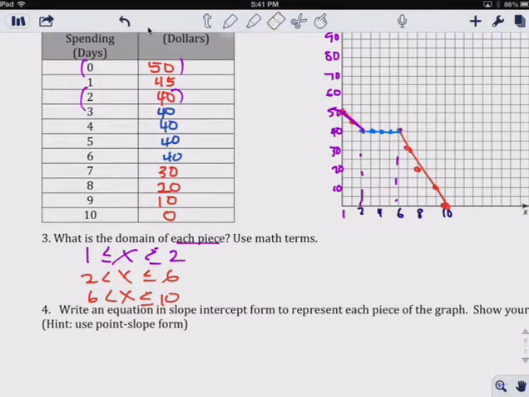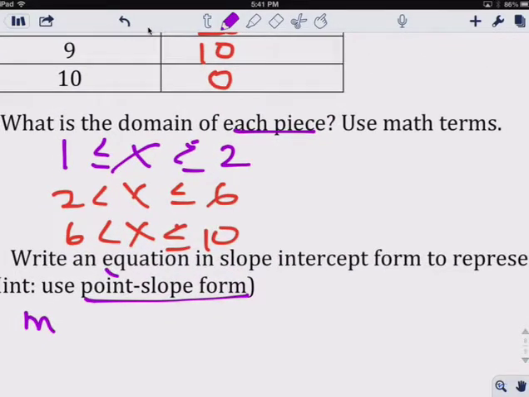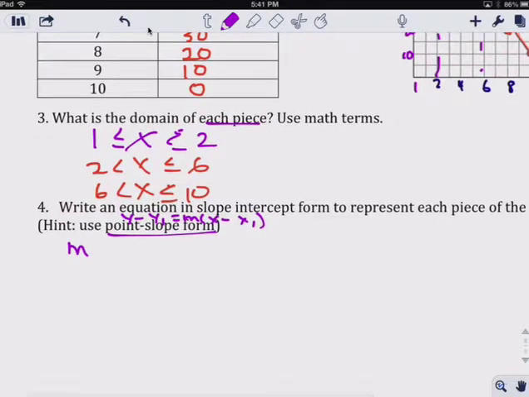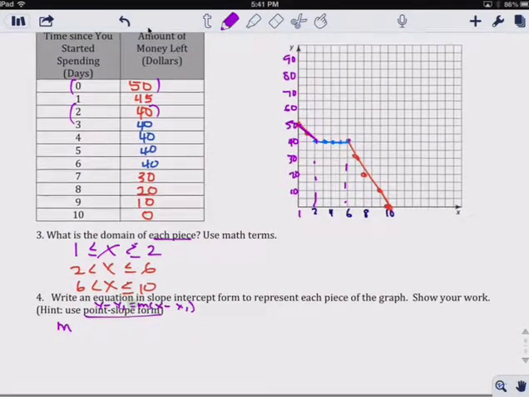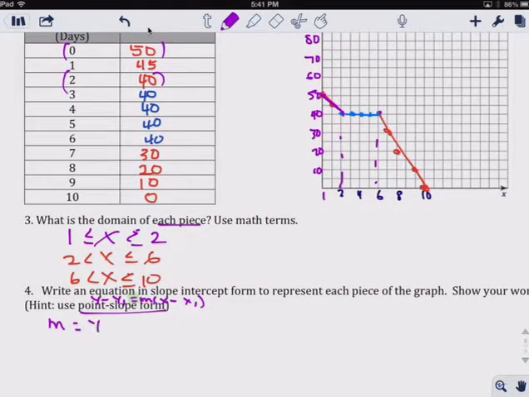We need to find slope. We're going to use point slope. That's y minus y1 equals m parentheses x minus x1. Okay, so we need to find slope here. That's m equals y2 minus y1 over x2 minus x1.